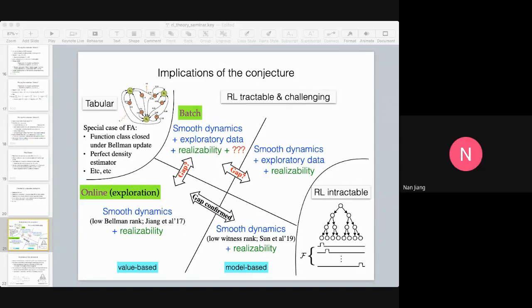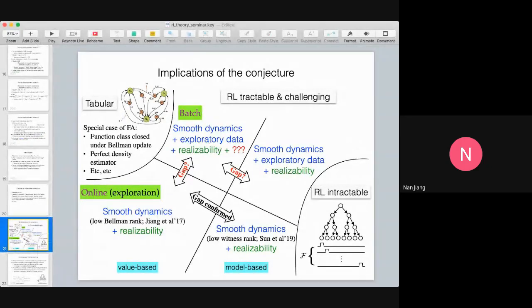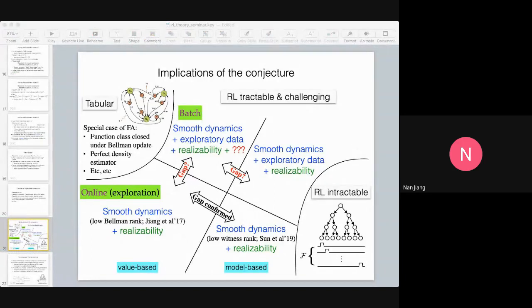That's his question. I think in my second to last slide, what I'm saying is that we don't have a proven gap between batch value-based RL and batch model-based RL, right? Precisely because we don't have this hardness conjecture proved. And for some people, even if I prove that conjecture, they would argue that I'm not comparing value-based and model-based RL in a fair way, right?